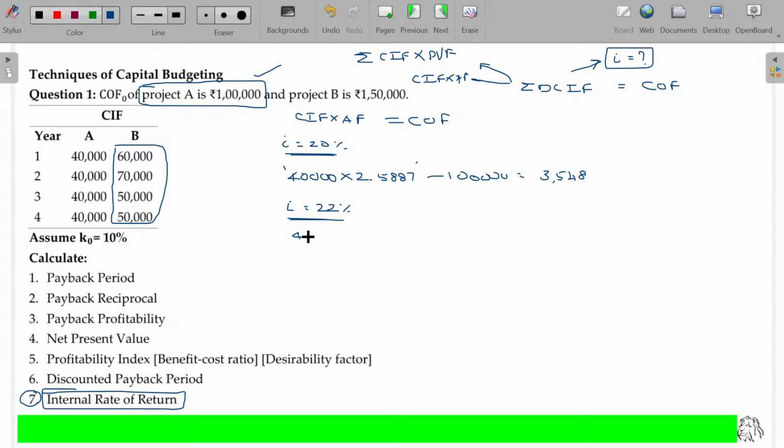22%. So 40,000 into, find out the annuity factor at the rate of 22%. So 1 divided by 1.22. Okay, you can do the calculation for the 4 years and take the grand total of this.